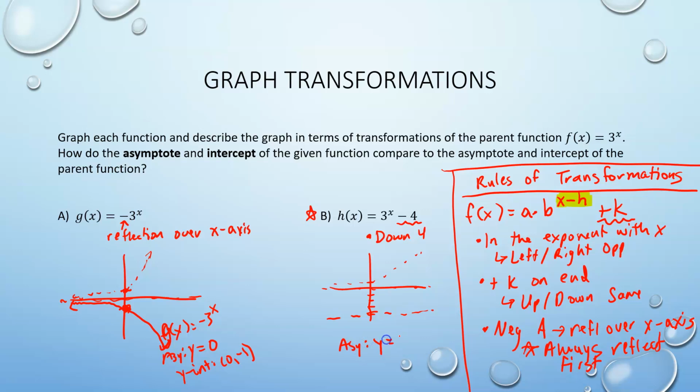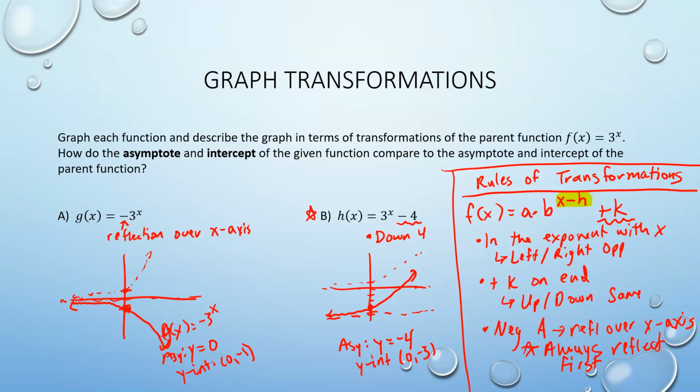Okay, so we will move our asymptote with a vertical shift. The point that was at 1 moves down 4, 1, 2, 3, 4. The y-intercept moves down to (0, negative 3). Okay, everything else stays the same. So a shift up or down does in fact move the asymptote and the y-intercept.